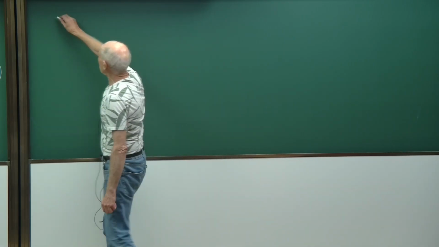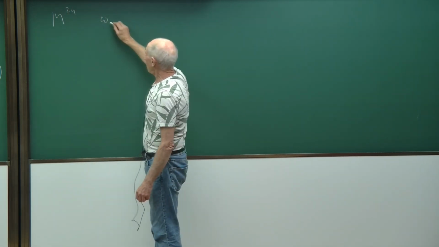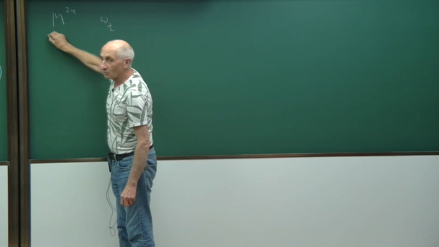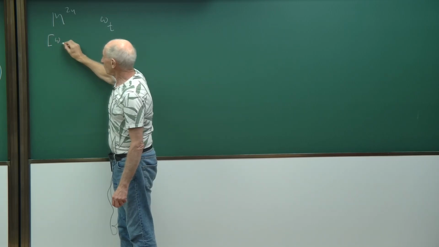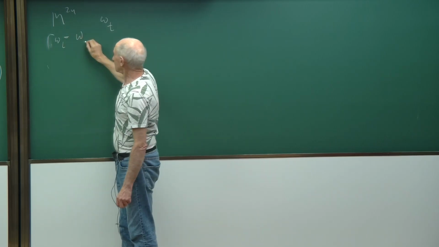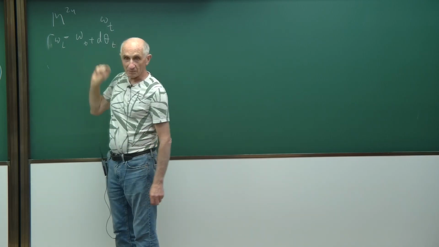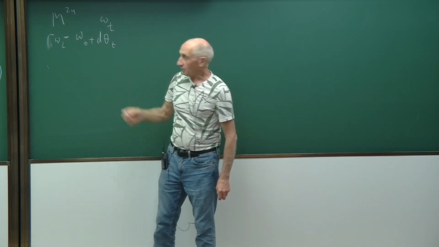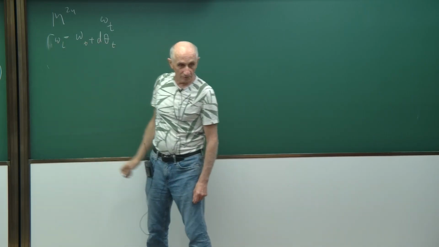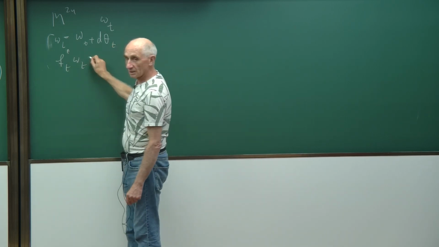So if M^2n is a closed manifold and you have a family of symplectic forms, you need to add one more condition: that omega t varies in the same cohomology class, so it equals omega 0 plus some exact form. If you vary this way, then all these omega t are equivalent, so there exists an isotopy f_t such that f_t star of omega t is equal to omega 0.